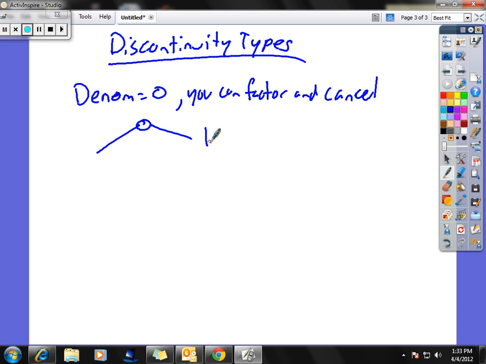So I'm calling it a hole. That's what I call it. But the technical term for that is a removable discontinuity.